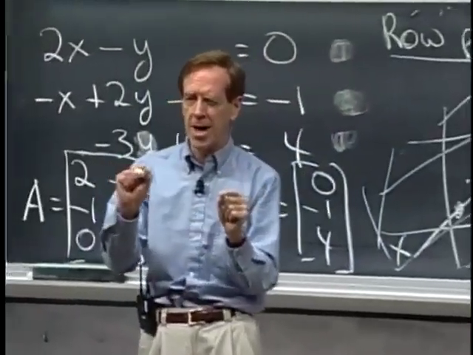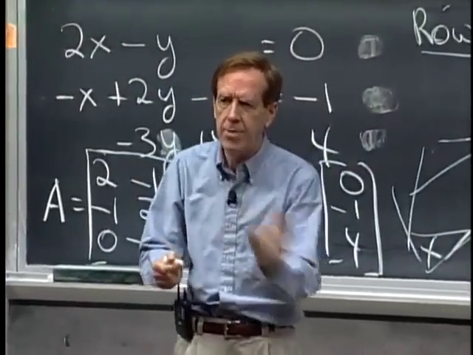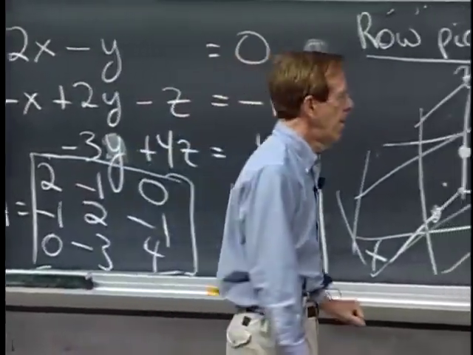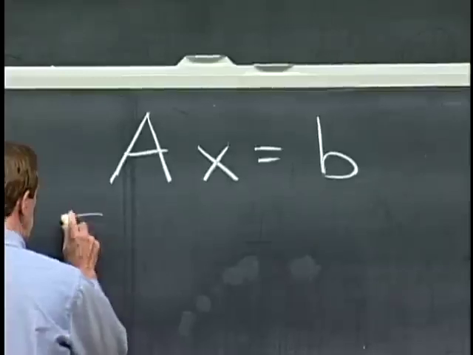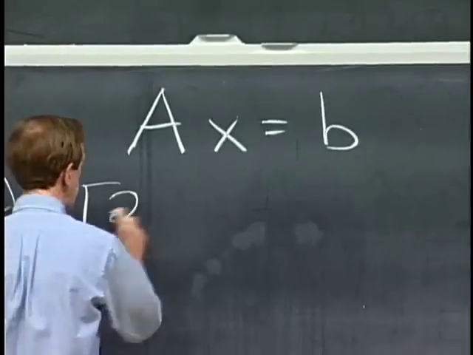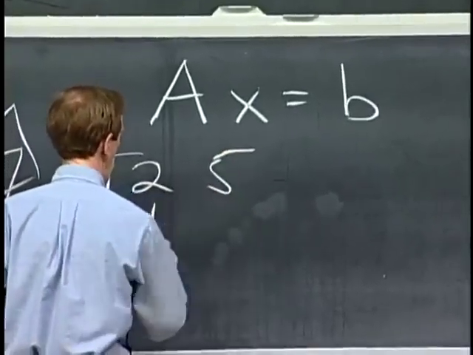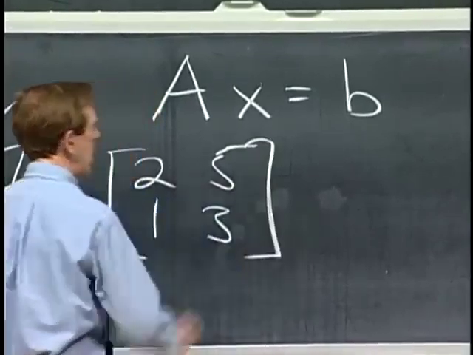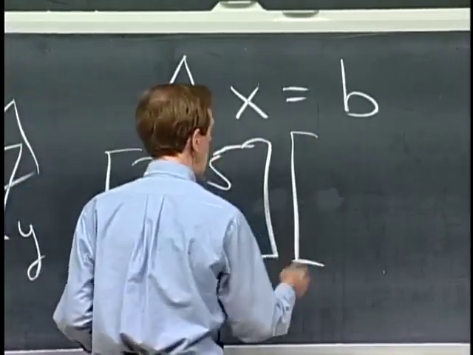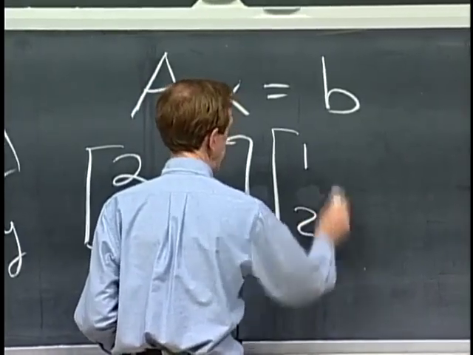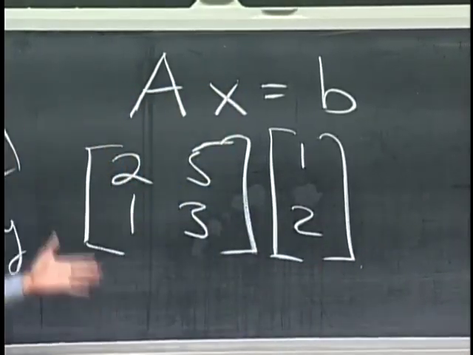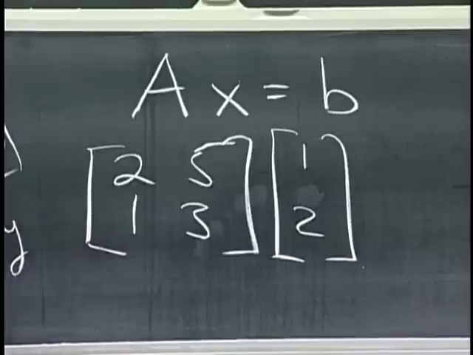And I just want to say, how do you multiply a matrix by a vector? Let me take the matrix 2, 5, 1, 3, and let me take a vector x to be, say, 1 and 2. How do I multiply a matrix by a vector?